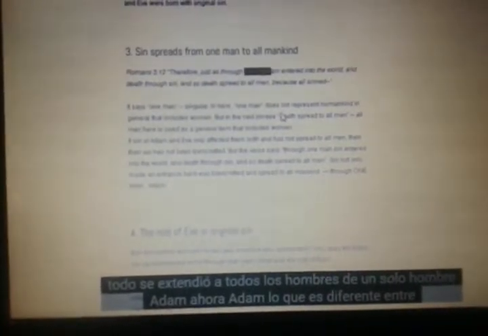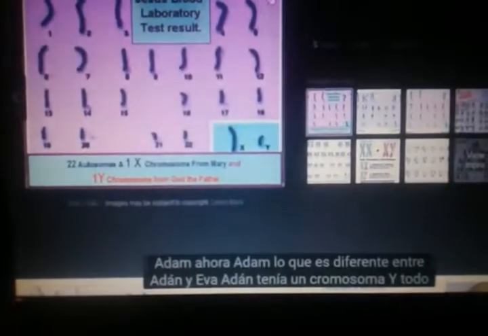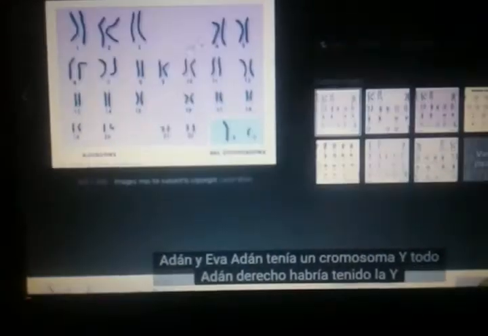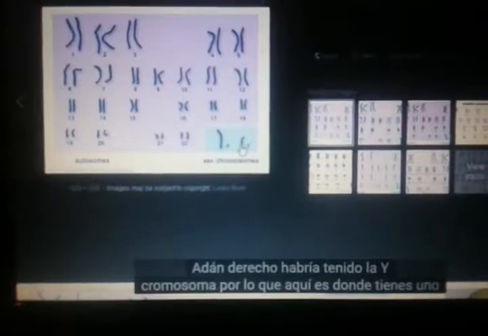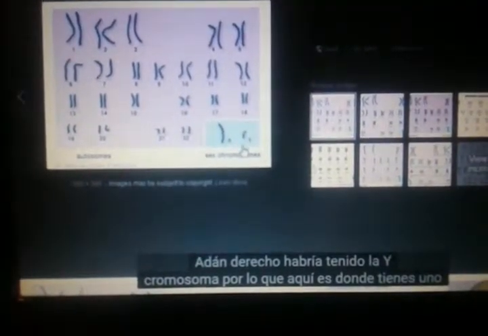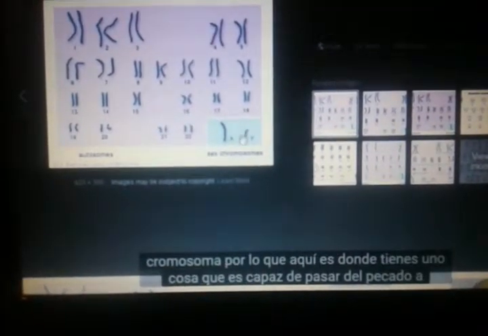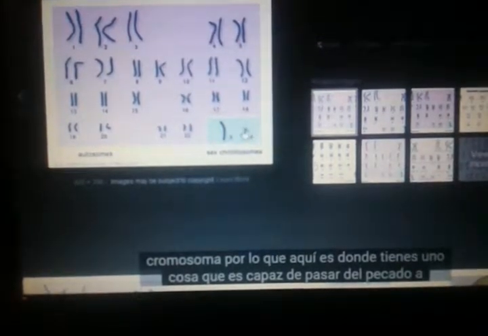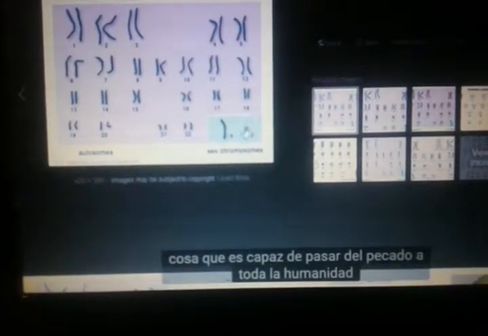Now, what is different between Adam and Eve? Adam had a Y chromosome. Adam would have had the Y chromosome.